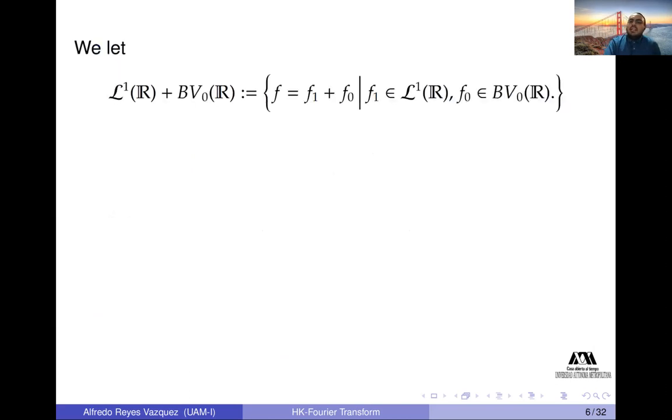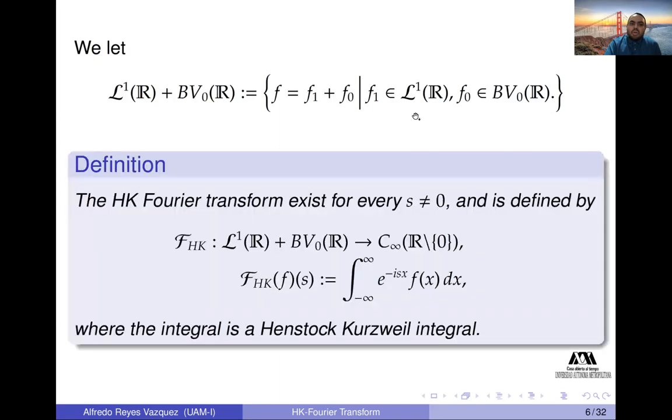And we let the sum L1 plus BV0 be the set of functions which are expressed by the sum of an element in L1 and an element in BV0. In this set of functions, we have the following definition.